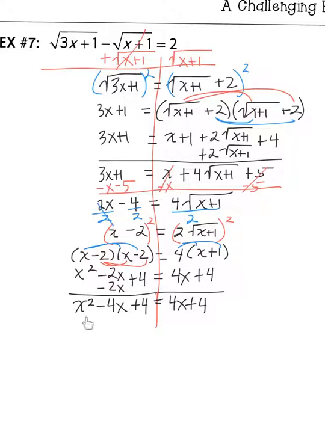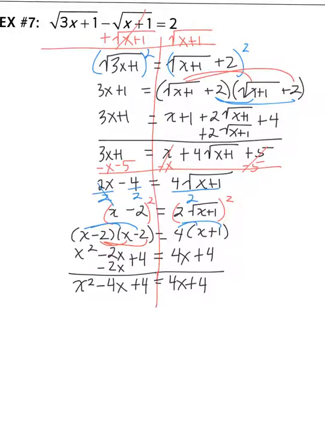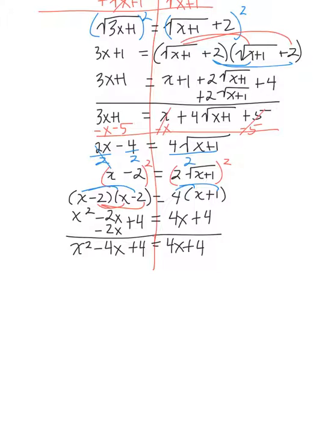Since we have a squared term, yes, we're going to have to factor again. So I'm going to move the 4x over here algebraically and the 4 over here algebraically. You'll be surprised because not everything cancels as you think it should. So I'm going to subtract a 4x, subtract a 4x.